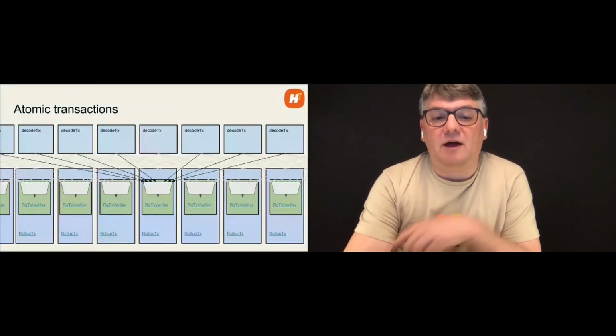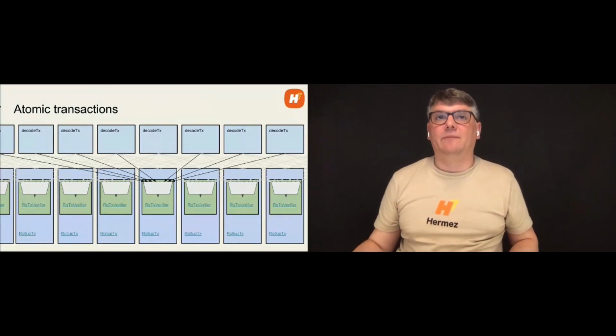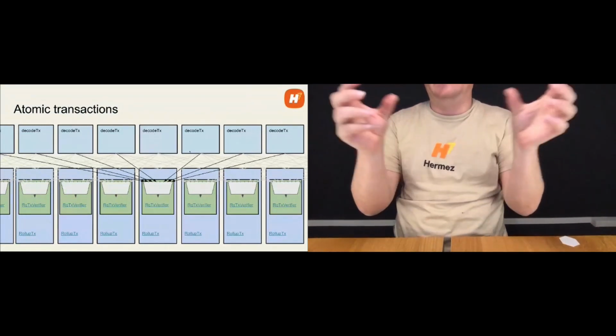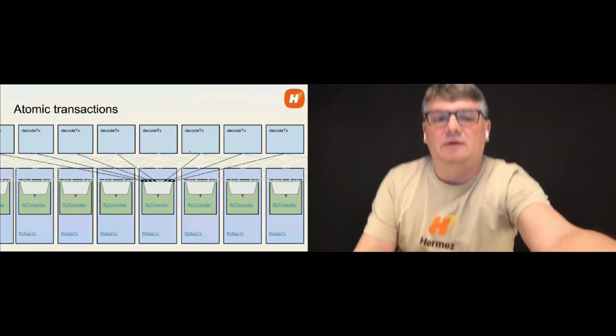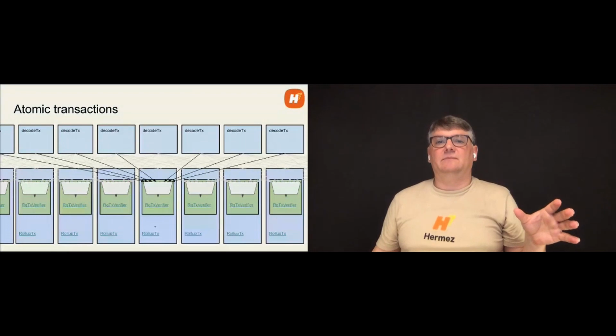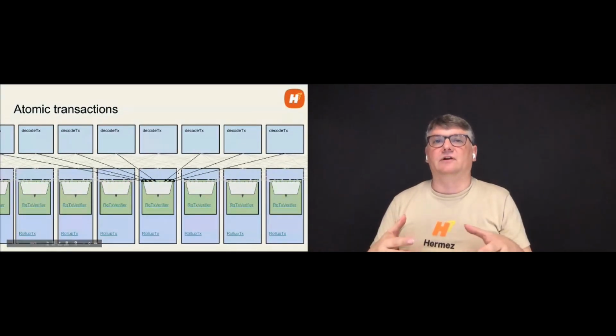Another thing that we already talked about is the atomic transactions, how they work. Mainly here we have the decode transaction and the rollup transactions. The decode transaction mainly gets part of the transactions. You see this one, the black arrows go here.